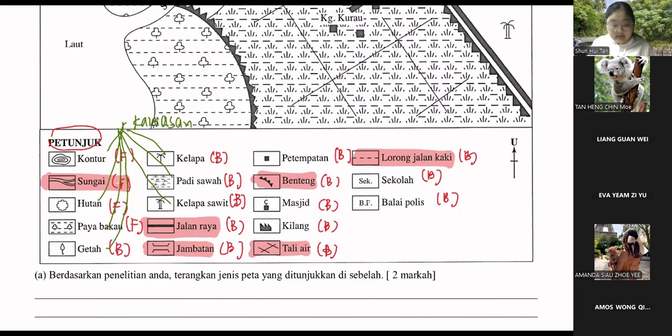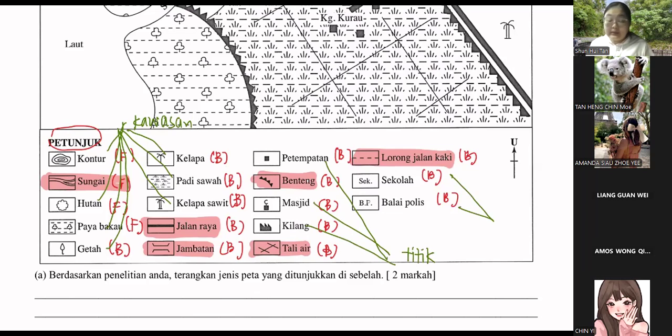Okay? Then, pertempatan masjid, kilang, TA, titik. Okay? Sekolah and balai polis is singkatan perkataan. Is it okay?